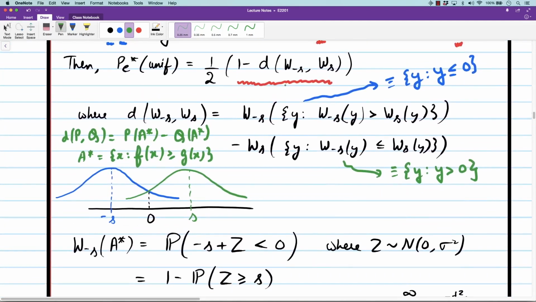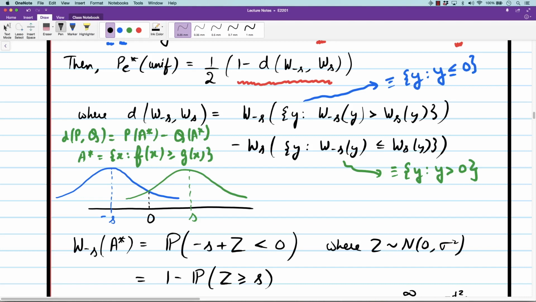Okay, so what is the probability of A star under W minus s? You can check this. We can write this as the probability that the random variable y is less than or equal to 0. And this random variable y is z minus s, where z is a Gaussian random variable with mean 0 and variance sigma squared.